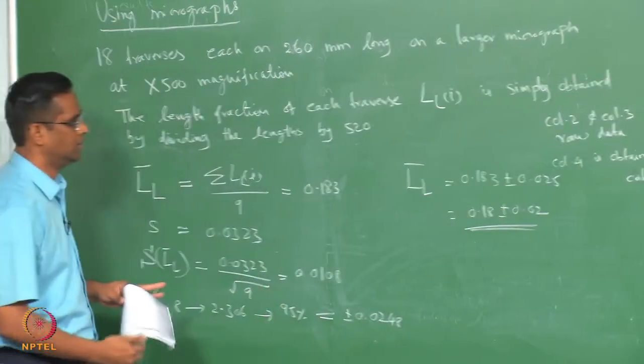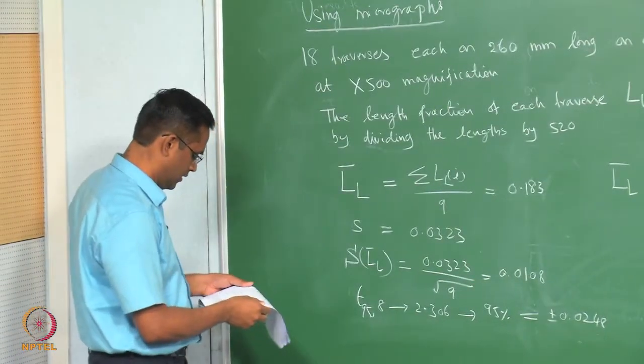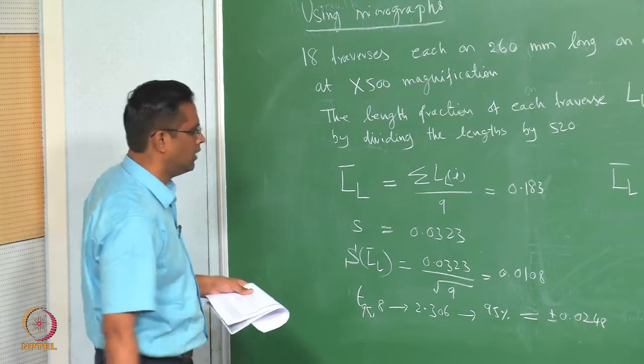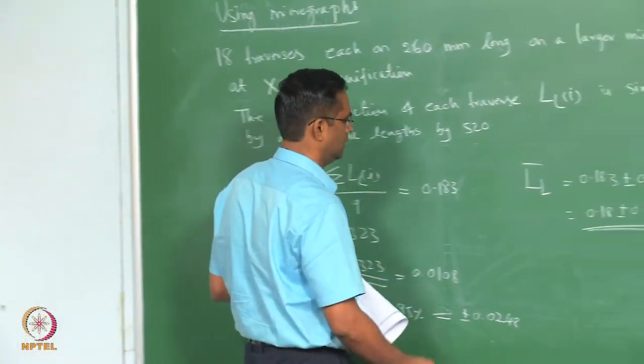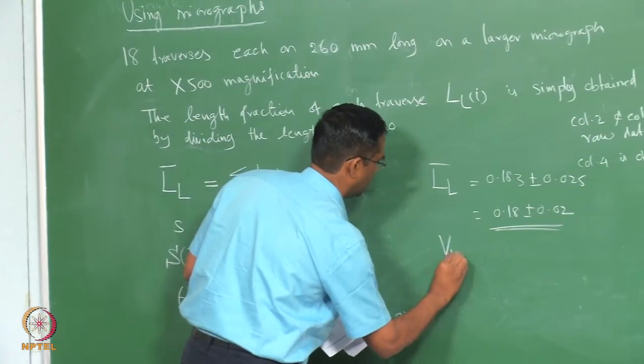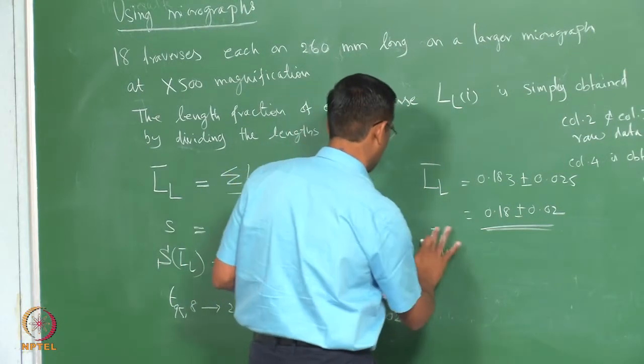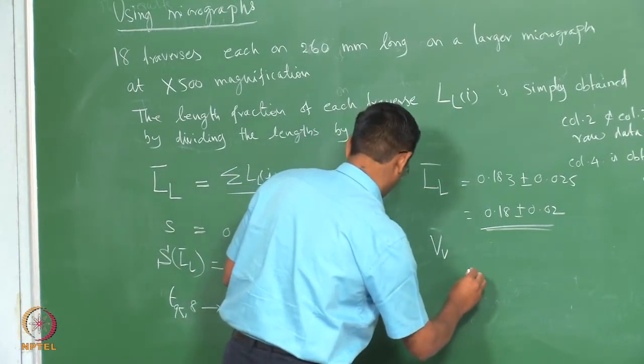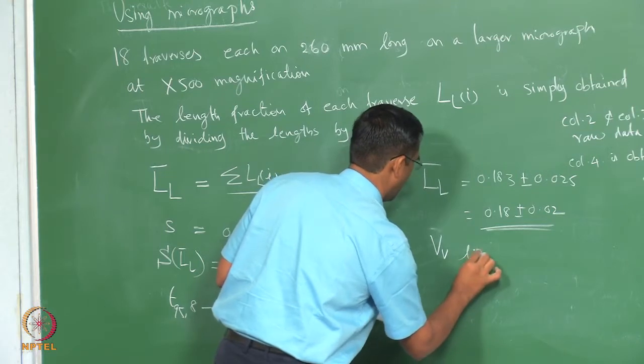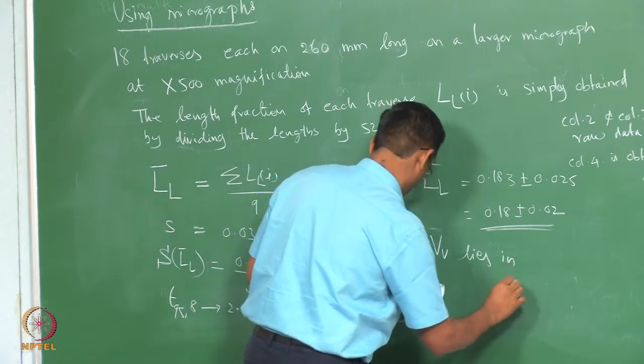This is again the VV we obtained in the previous calculation, which lies in the range of this.